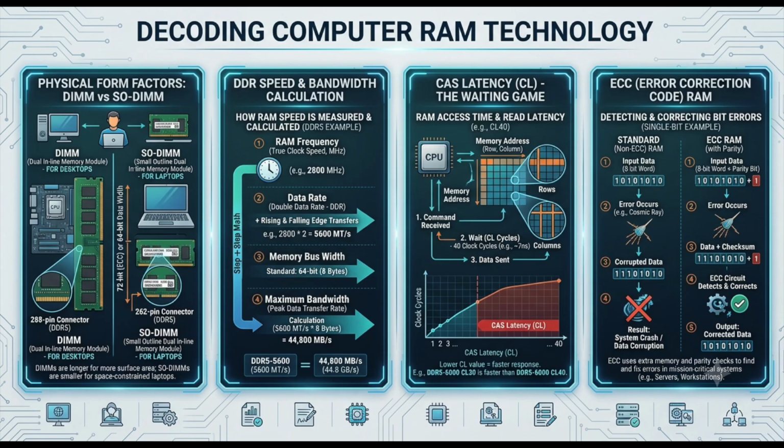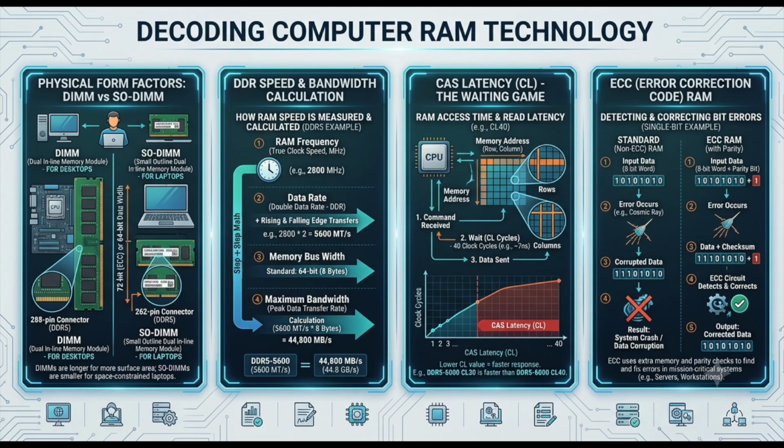And this brilliant move led to the generational march we see today. DDR3, DDR4, and now DDR5. And each iteration just refines that double data rate architecture. Right, usually lowering the voltage required and massively increasing those transfer speeds. But those generational improvements introduce a super confusing reality when you are actually looking at IT specifications or just shopping for parts.